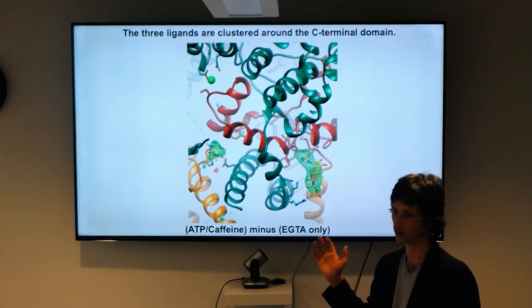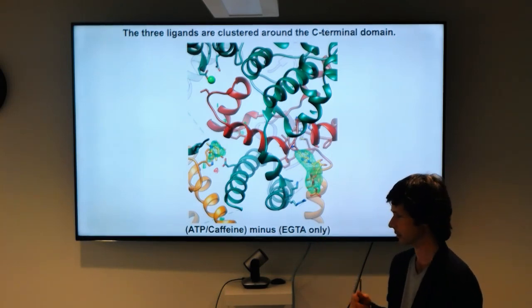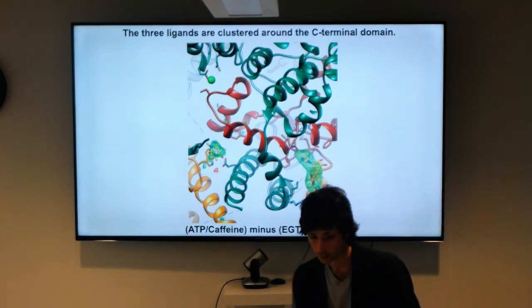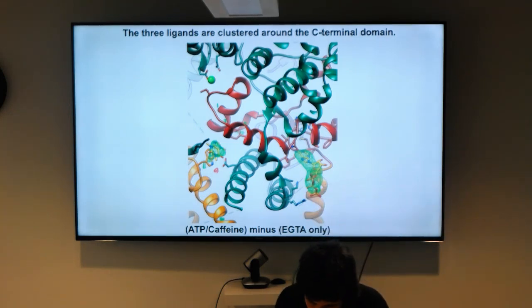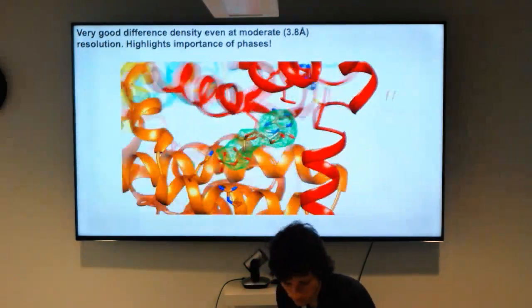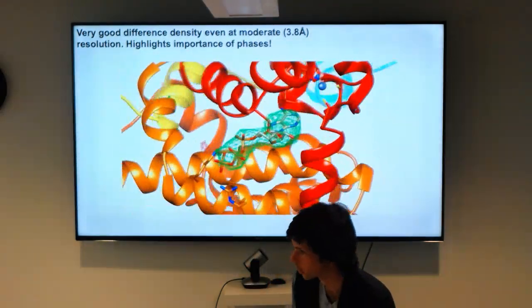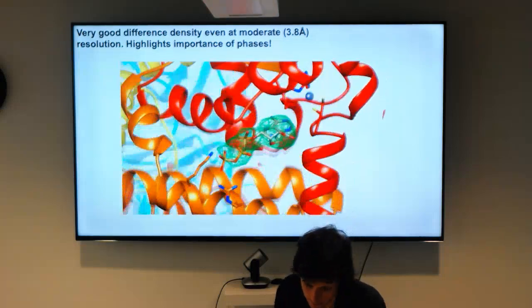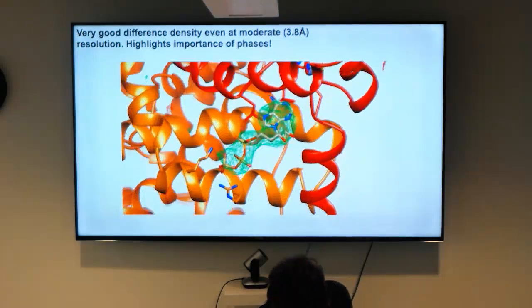Because otherwise, if you just calculate a straight difference map, it'll look a bit messy, whereas that will give you, hopefully, better results. This is just an example of how you can get really nice difference density even at fairly moderate resolution in cryo-EM.